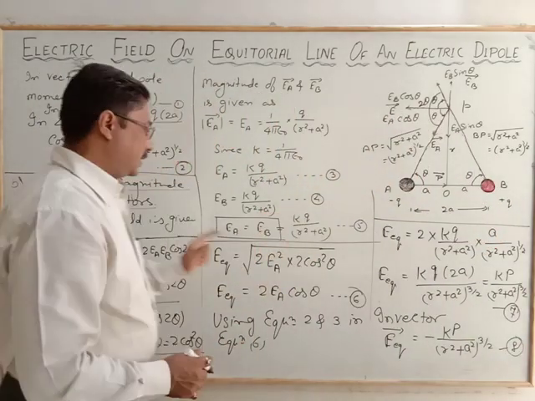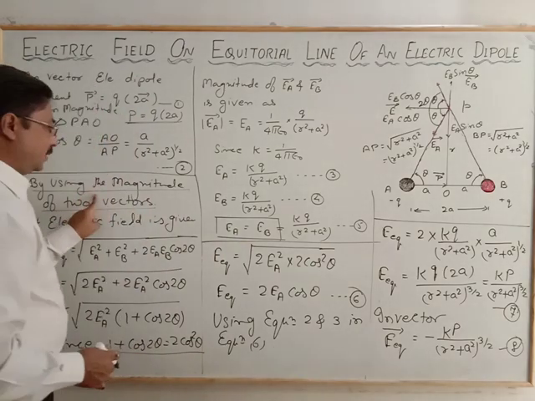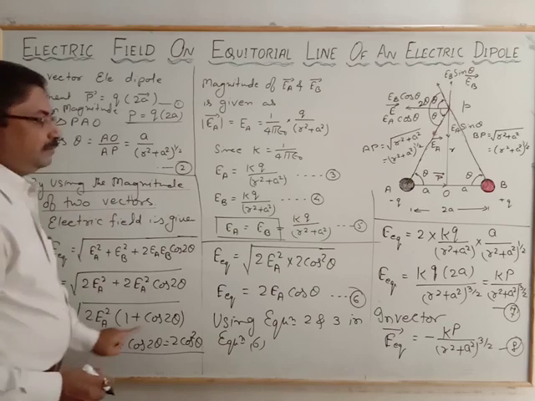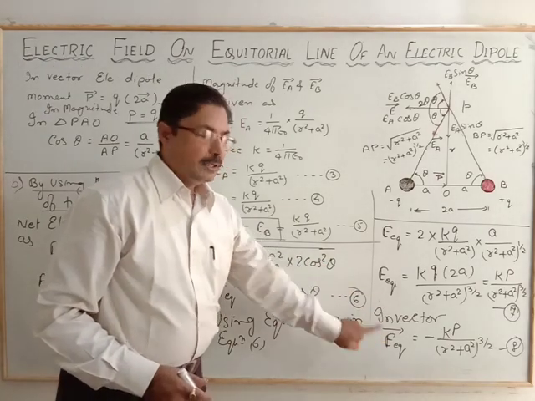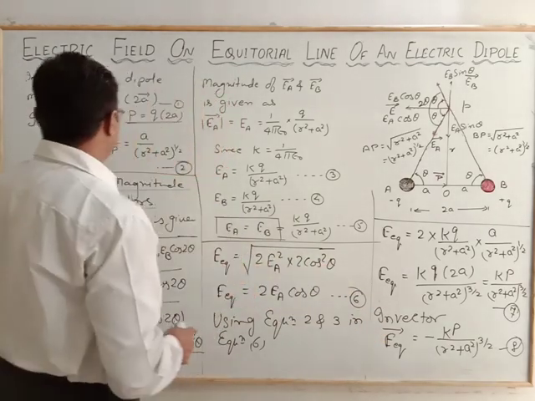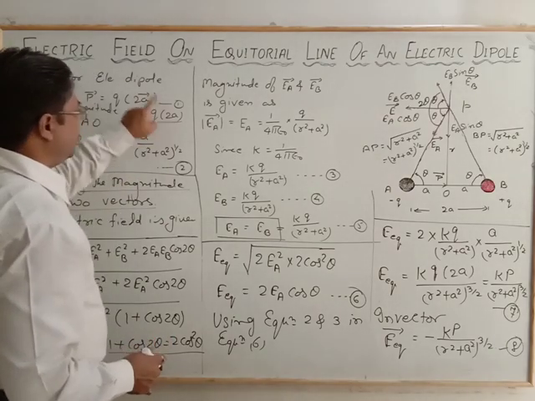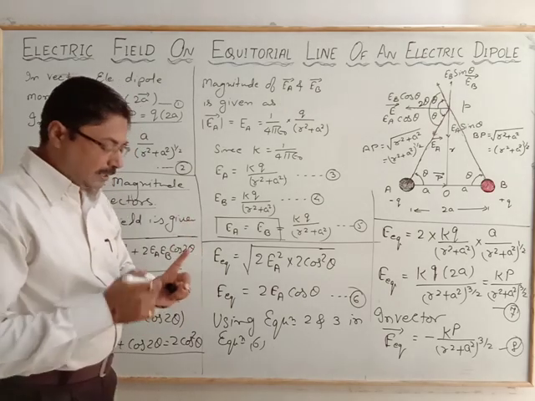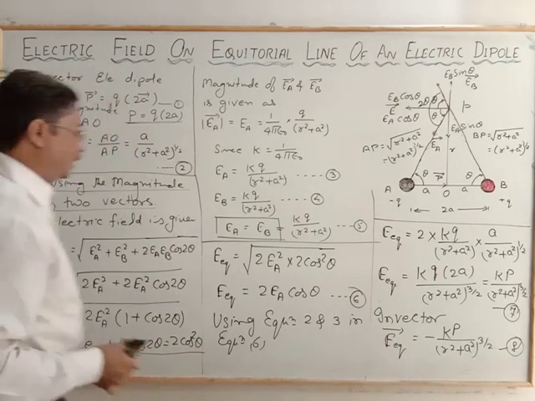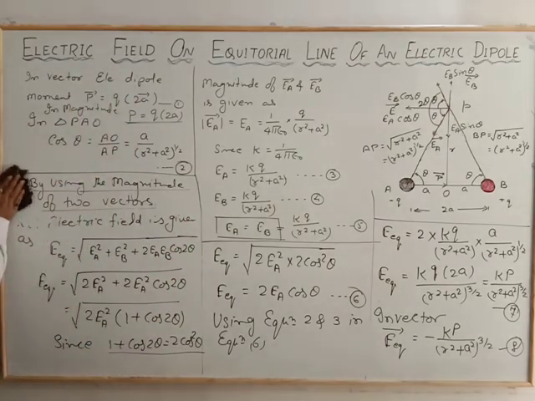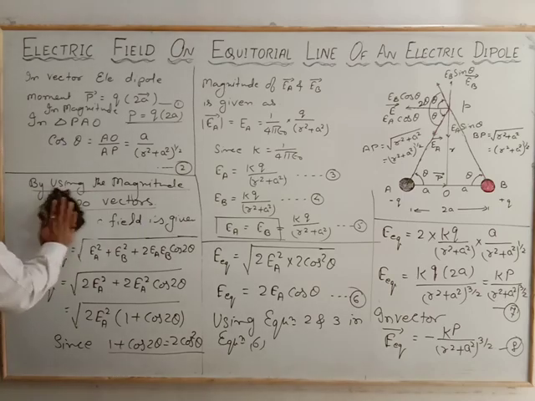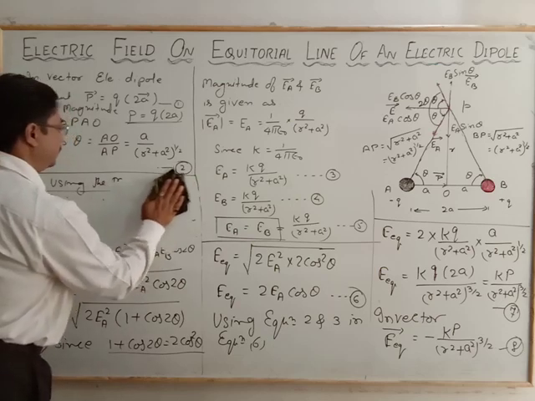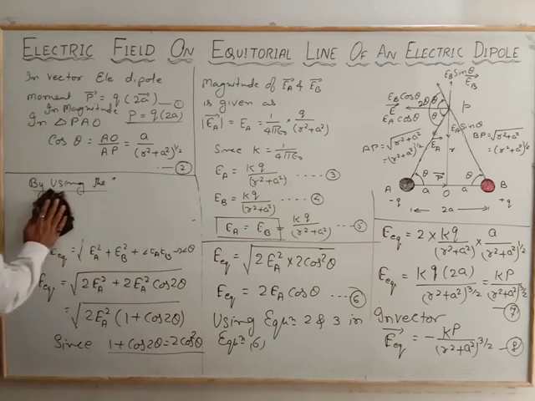So in the second way, by using the magnitude of the two vectors, again we calculate the electric field. But what we observe here is that whatever relations we had earlier are used for both methods. Now we are going to see the third method, that is, by using the similar triangle relation, the similar triangle rule.